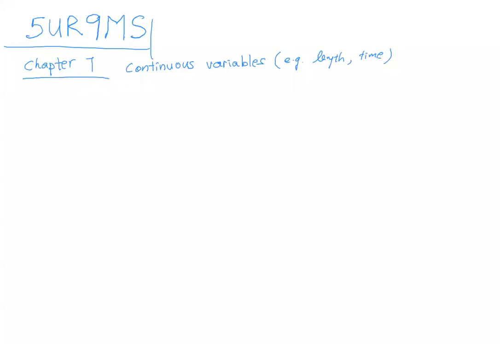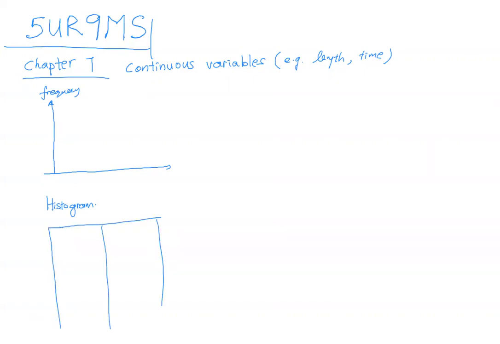Now usually when we have a continuous variable, when we plot the graph, we will draw a histogram. Am I right? So here we will put frequency. So when we have our table of values, this is my variable x.